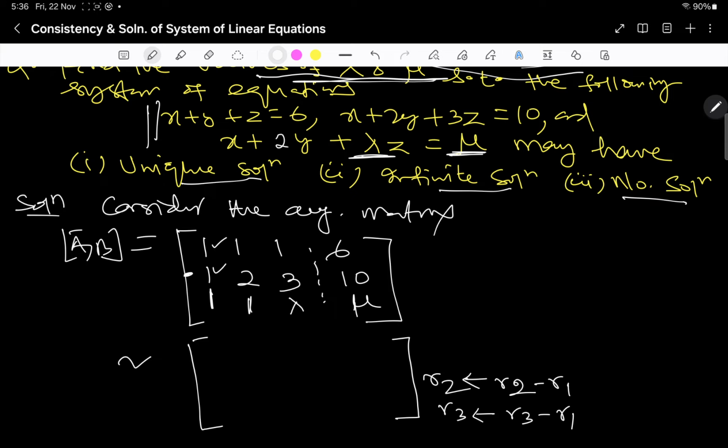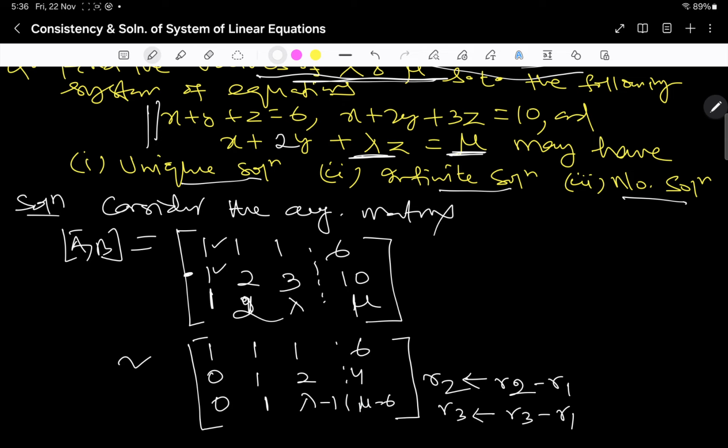Now the first row remains the same, 1 1 1 6. Second row will be 0 1 2 4. Third row will be 1 minus 1 is 0, 2 minus 1 is 1, and it is lambda minus 1, mu minus 6.